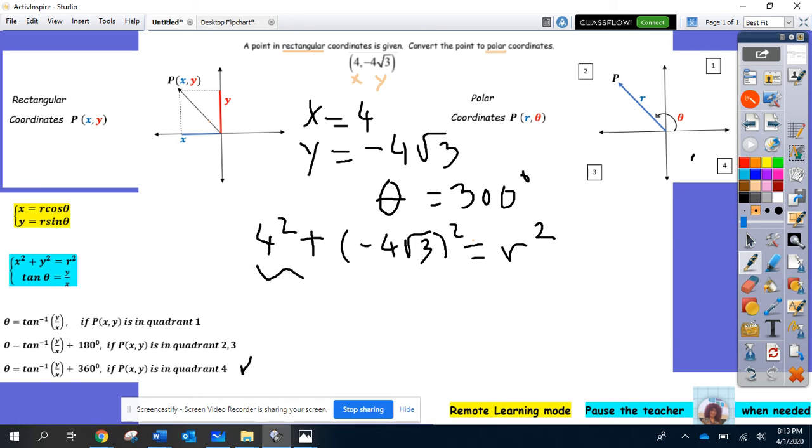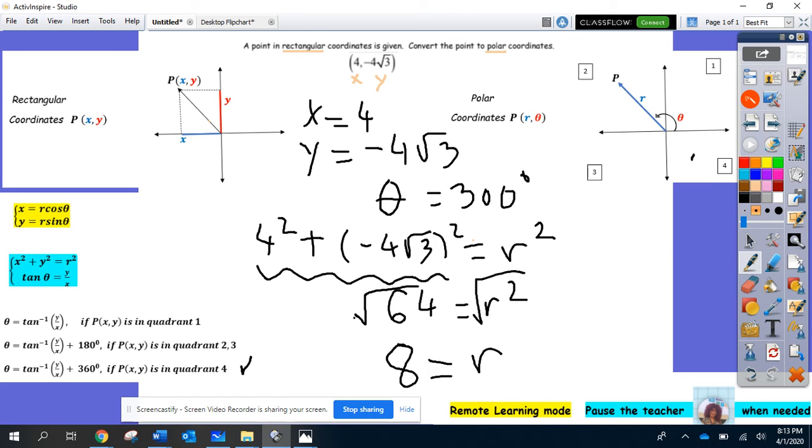You just go with this part in a calculator if you want to calculate faster, and you get 64 equals radius squared. Now you apply the square root on both sides and you get the radius equals 8. So your answer is just this number.